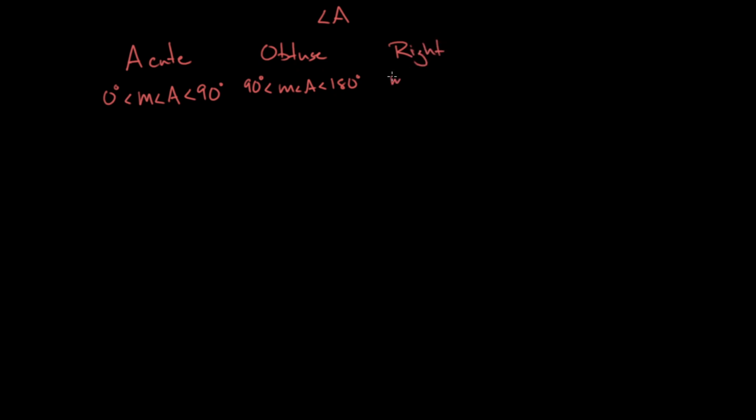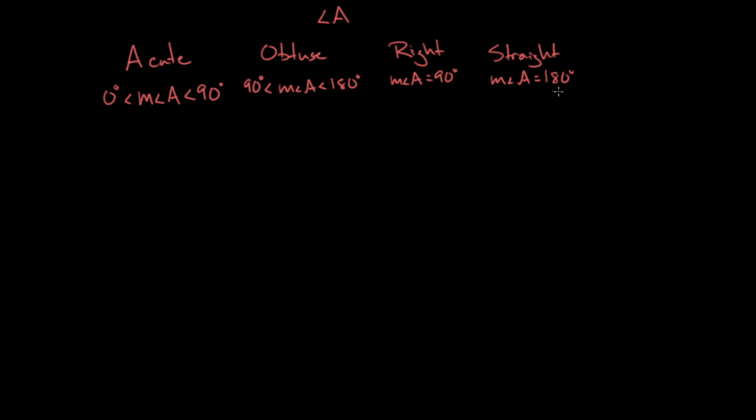This is when the measure of angle A is equal to 90 degrees. And the last one you may not have seen before is called a straight angle. A straight angle is a specific angle measure, when the measure of angle A is exactly equal to 180 degrees. So, a couple of things to emphasize here.